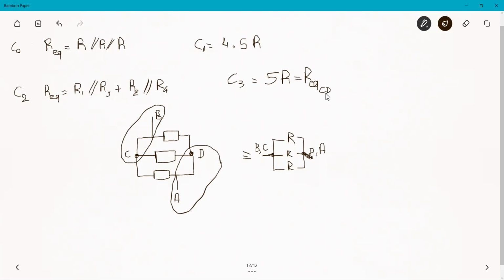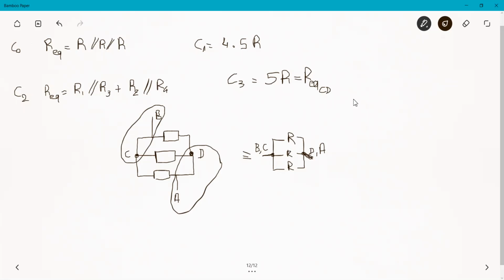I'm just quickly redoing the calculation to double check if I haven't made any mistake. So it's 2r plus r plus 3r, which makes 5r. No, this makes 6r. Then total 6r.